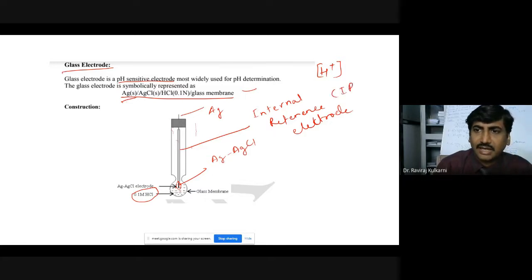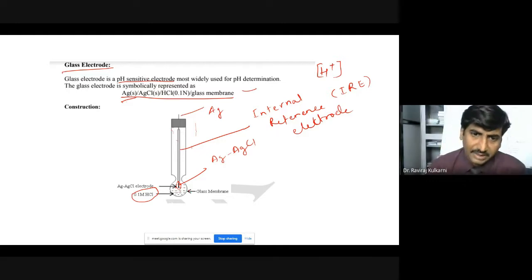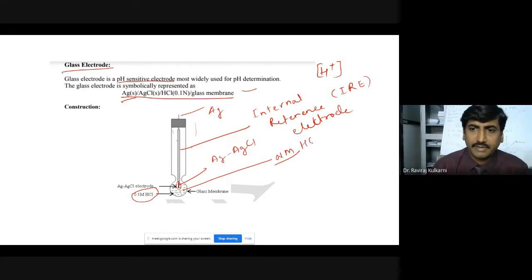I can write IRE, internal reference electrode. It contains what? HCl solution, 0.1 molar HCl, and it has got a glass membrane, which is very sensitive.